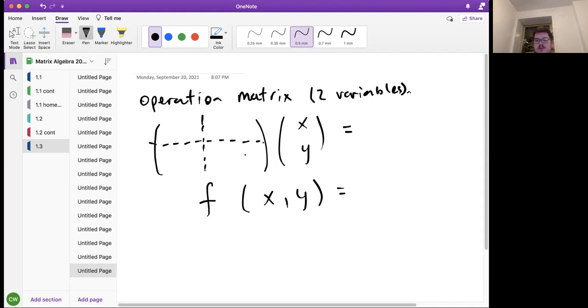Okay, so for a two variable function, it's going to be a 2 by 2 matrix. And the rows will represent the coordinate. So how is the first coordinate changing versus how is the second coordinate changing?